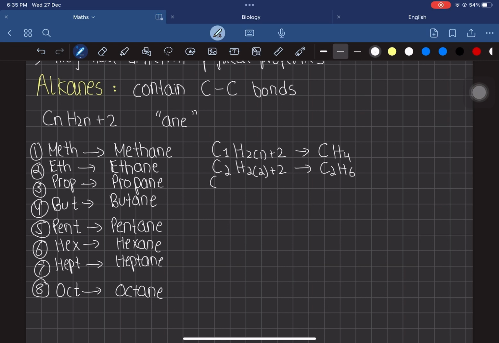Then for prop, C3 H, 2 into 3 plus 2, it will become C3 H, 3 2s are 6 and 6 plus 2 is 8. Then but, so C4 H, 2 into 4 plus 2, so it will become C4 H, 2 4s are 8 and 10, H10.